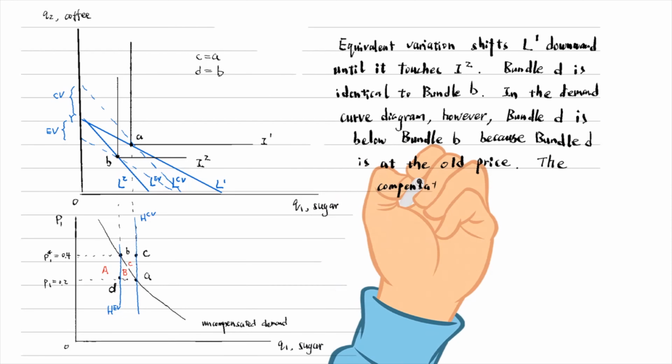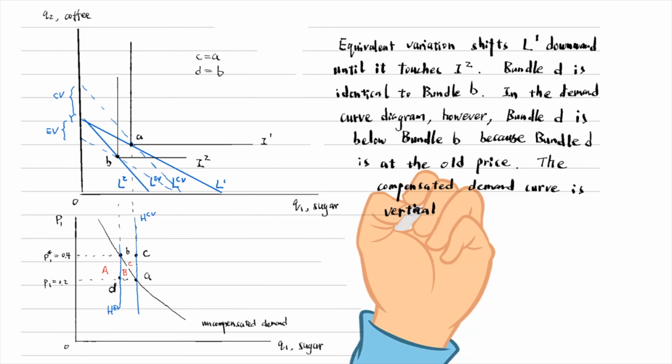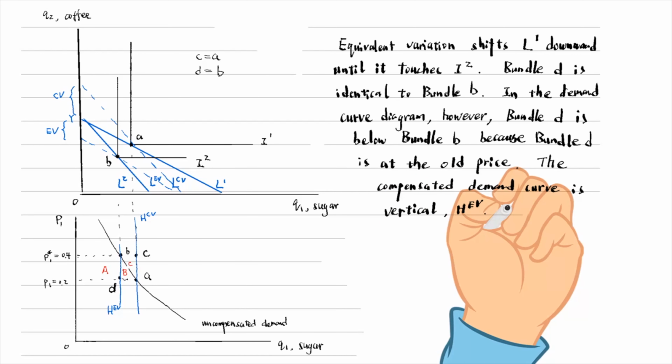The Hicksian demand curve for equivalent variation is also a vertical line. As a result, in the corresponding demand curve diagram, the uncompensated demand curve, the Hicksian demand curve for compensating variation, and the Hicksian demand curve for equivalent variation are different.